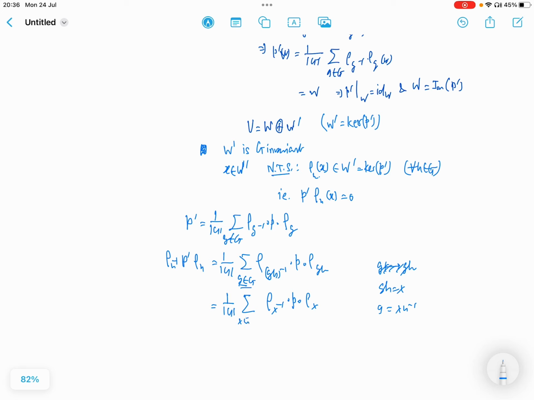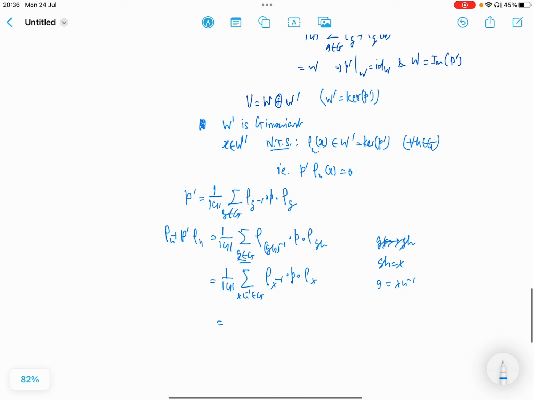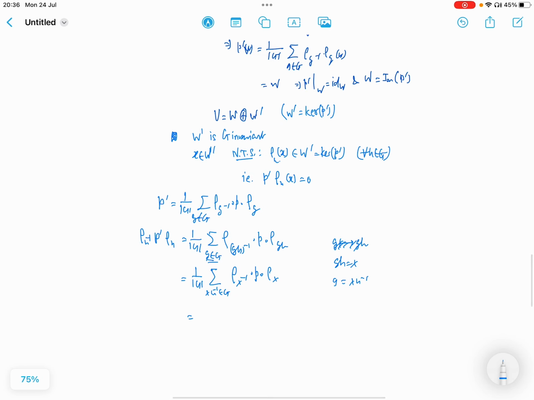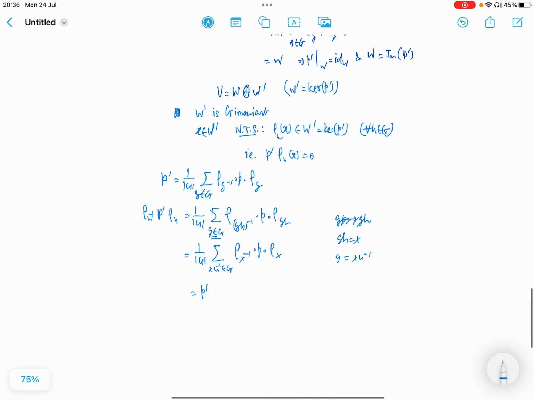So the sum is like over X, but that is again the same because it is a finite group. You are summing over some different indices, so you are just changing the indices. That will not change anything. So that will again be P prime. And now it is clear. So from here you get P prime rho H is rho H P prime.